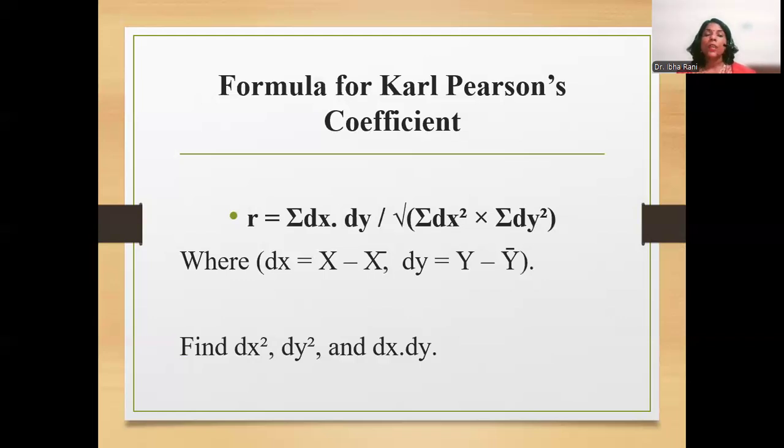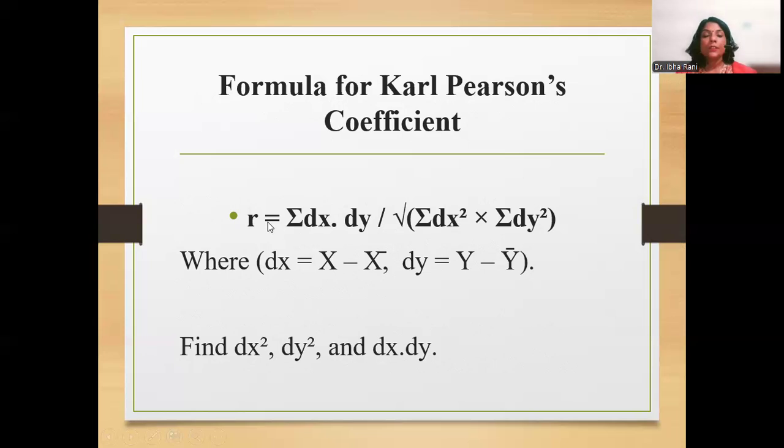Now, how to calculate this Karl Pearson? We understand what we mean by correlation, what the value of r should be, how to interpret the value of r, and what the types of r are. So that we have learned. Now we will look into how to calculate Karl Pearson's coefficient of correlation.